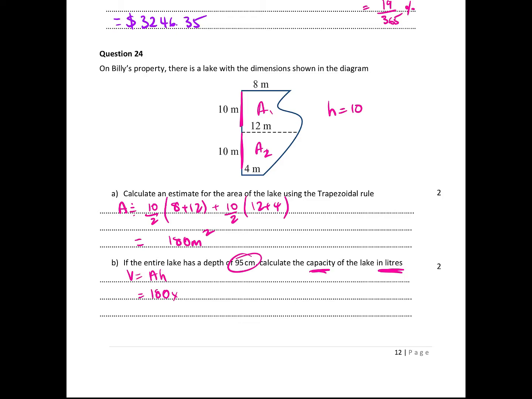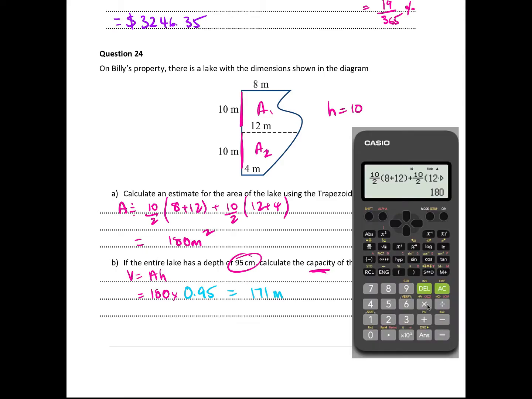Now, a common mistake most people make is they would multiply this by 95, which is incorrect because 180 is in square meters and 95 is in centimeters. So I must make sure I convert it to the same units. So it's 0.95, and that leaves me with 171 cubic meters.